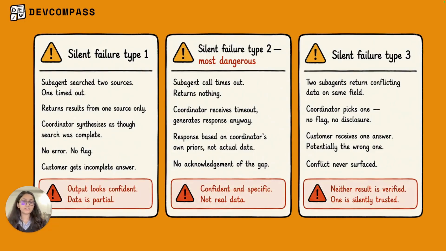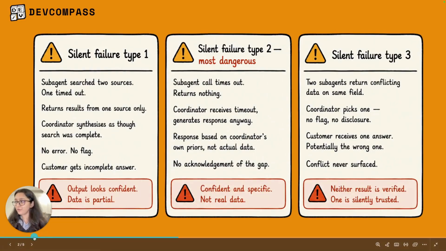The customer's account status in the response is either wrong or uncertain, and nobody knows. So 3 cases where the coordinator produced confident output based on information it doesn't fully have, and you won't really get to know the failure until and unless you check for results.